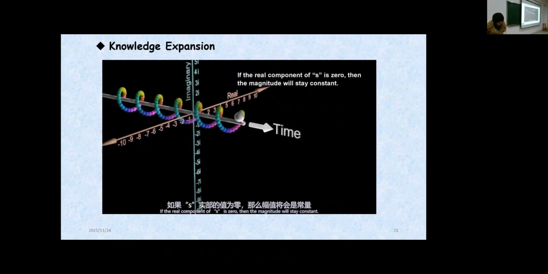If the real component of s is 0, then the magnitude will stay constant.